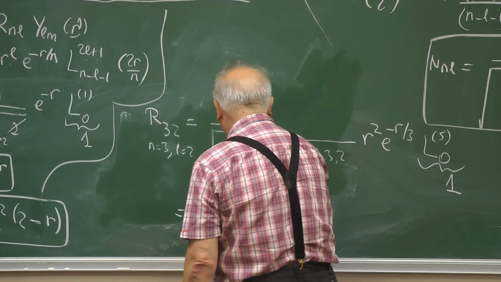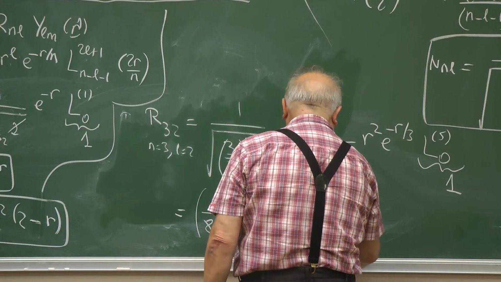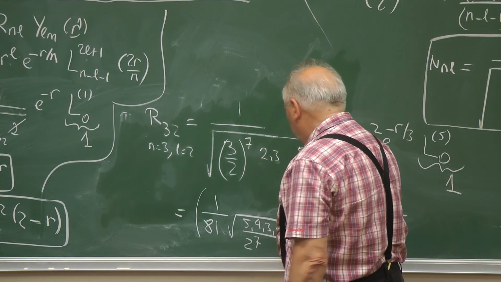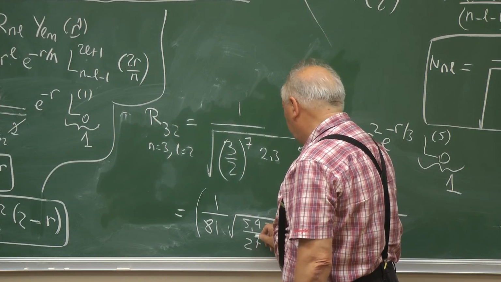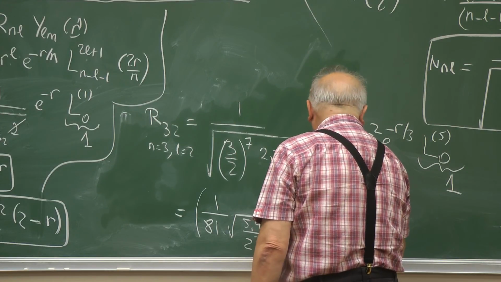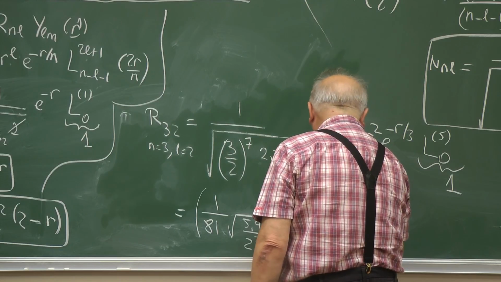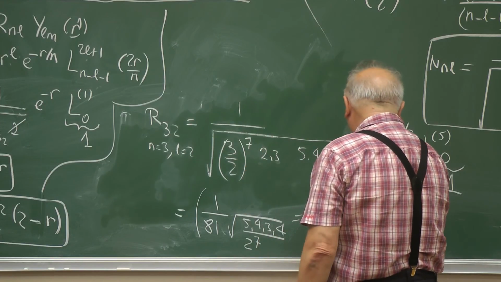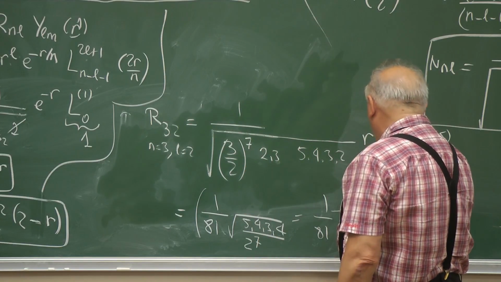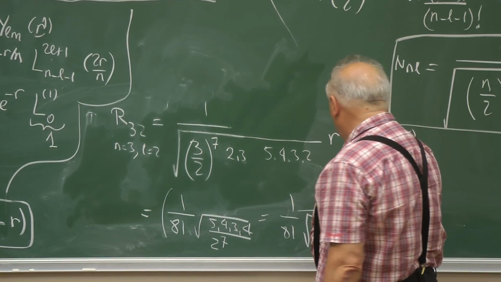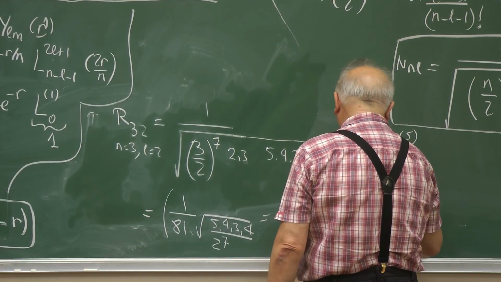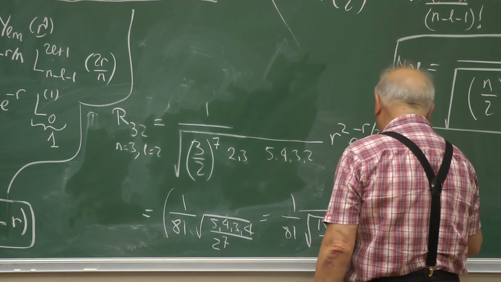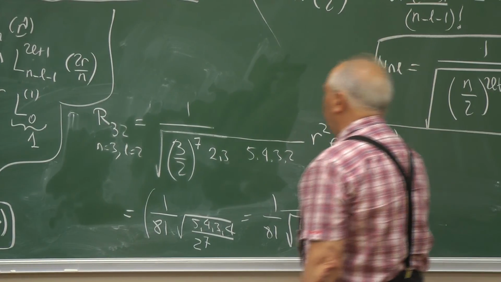I'm just computing the normalization coefficient. So it is 1 over 81 square root of 2 to the 2, 2 to the 4, 2 to the 3. So it is 15 over 2 cubed. Let me multiply by 2, divide by 2. 2 to the 4, square root is 2 to the 2. So it is 4 over 81, square root of 15 times 2 is 30. That's the normalization coefficient. And we are done.